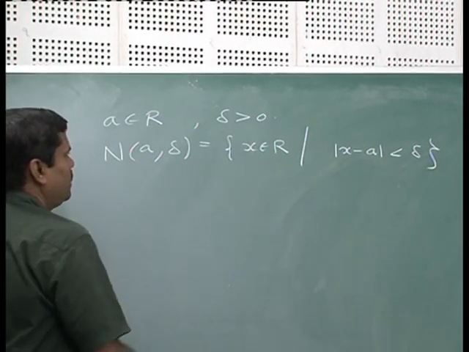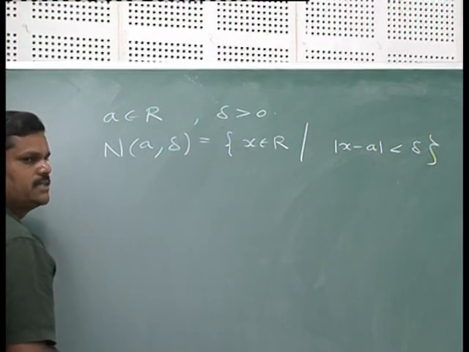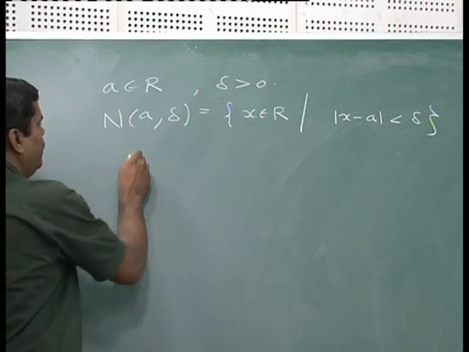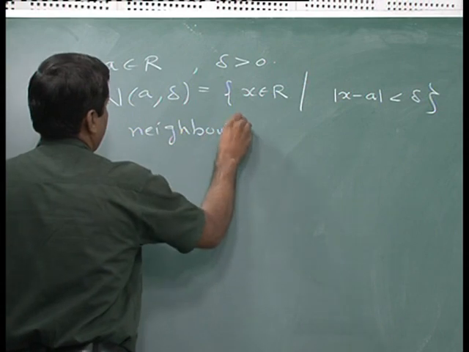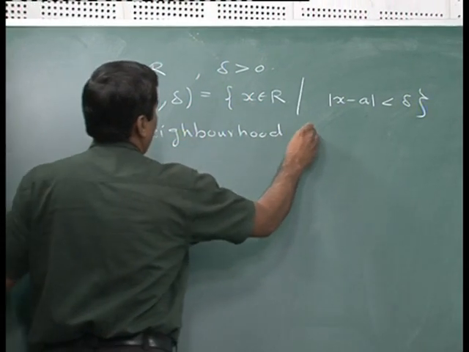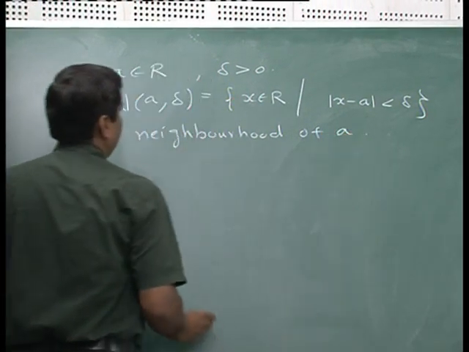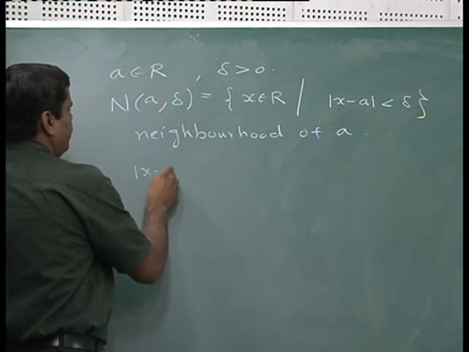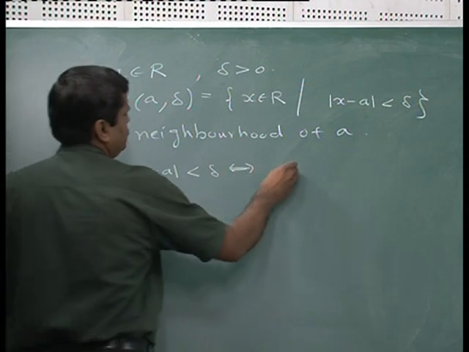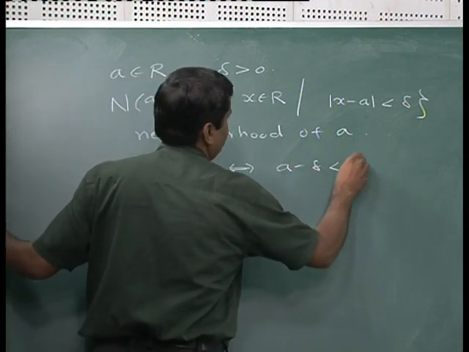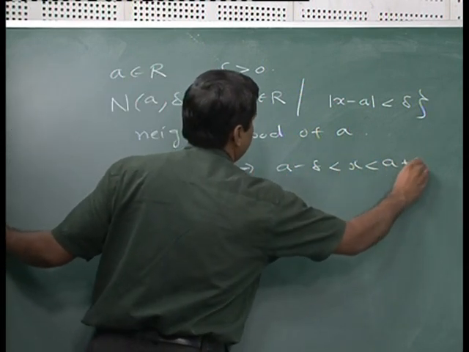This set is called the neighborhood of the point A. The meaning of mod x minus A less than delta is A minus delta less than x less than A plus delta.